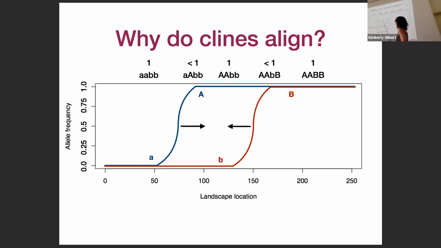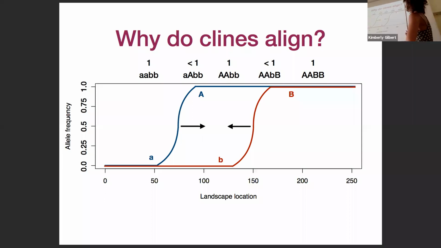In the middle here, we still have homozygotes of both loci, so these are also fitness 1, still the most fit in the population. And then at the second cline, we have heterozygotes of the other type, little b, big B, but homozygotes, big A, big A. So two regions of low fitness and three regions of high fitness.